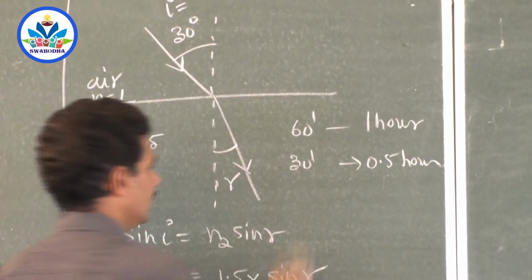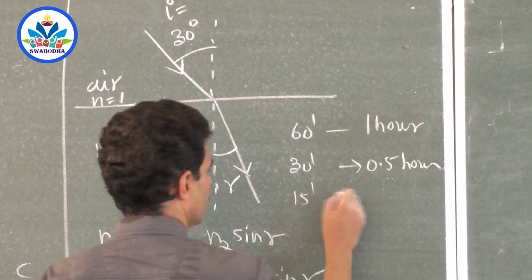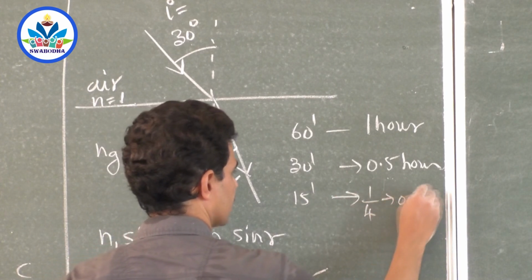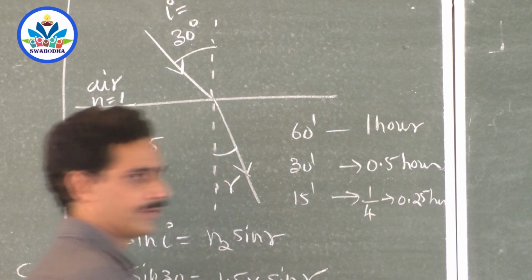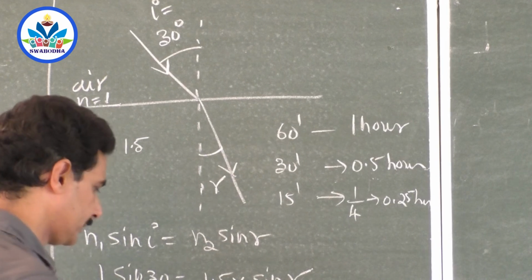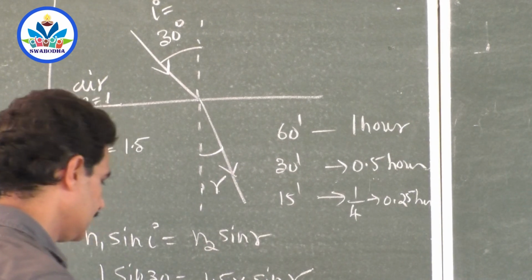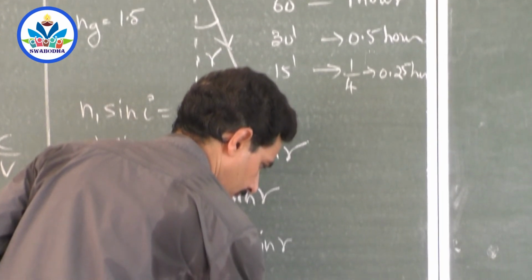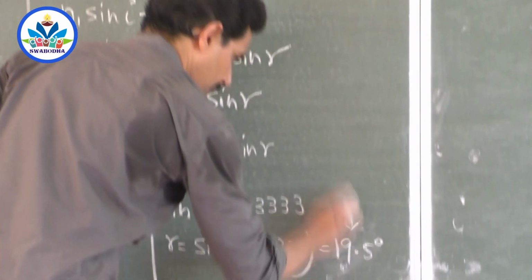And 15 minutes is 1/4 of an hour, that is 0.25 hours. In the same way, 19 degrees 30 minutes is 19.5 degrees.